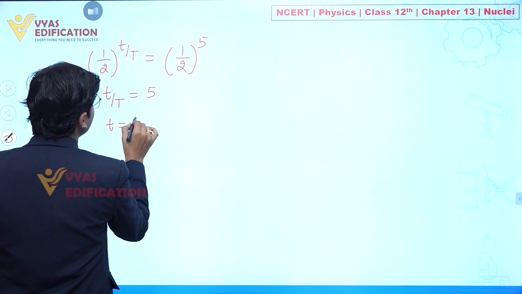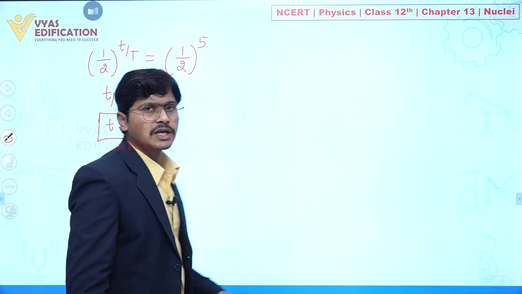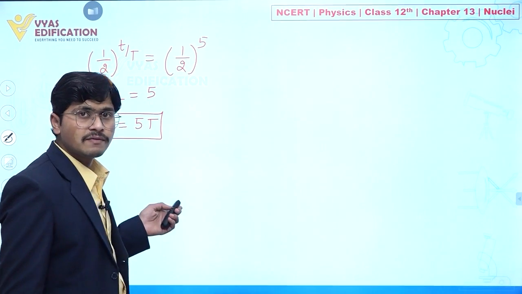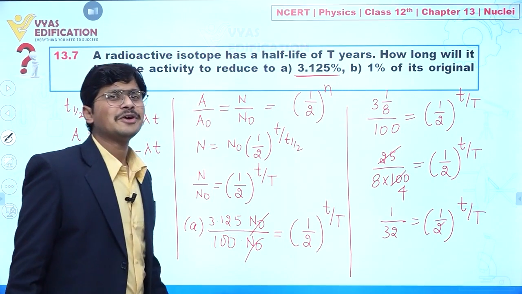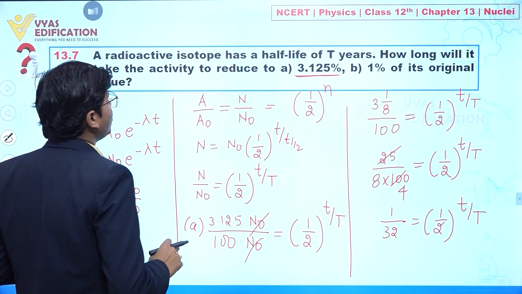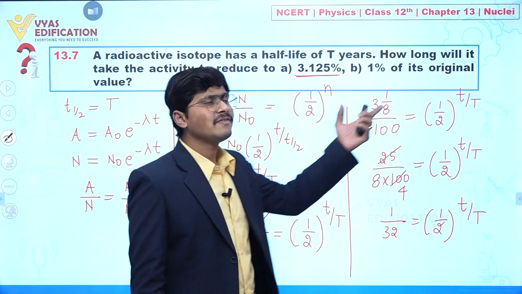So we are getting small t equal to 5T. Clear? So this is the total time taken. This time will be 5 times the half life period when the activity is reduced to 3.125%. Clear everyone?